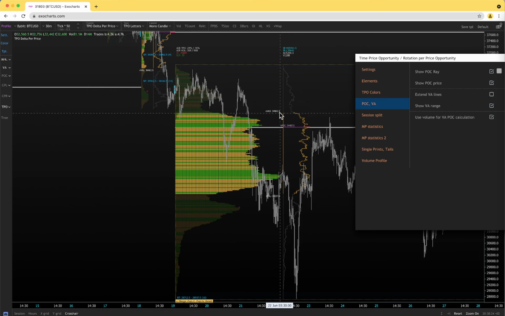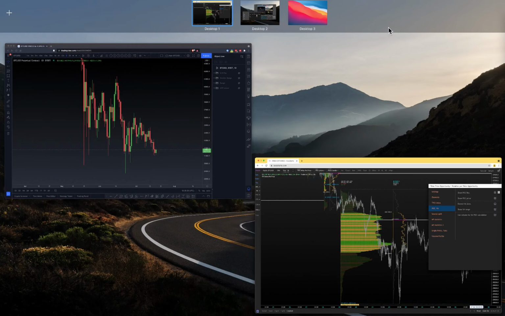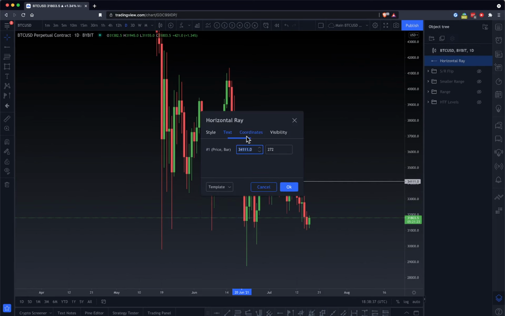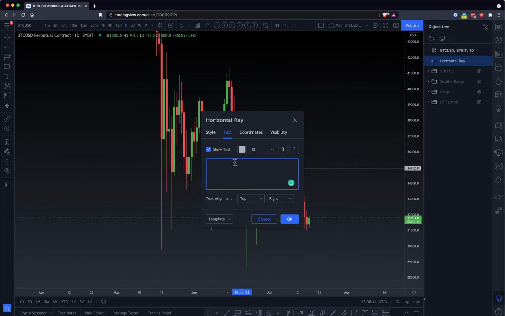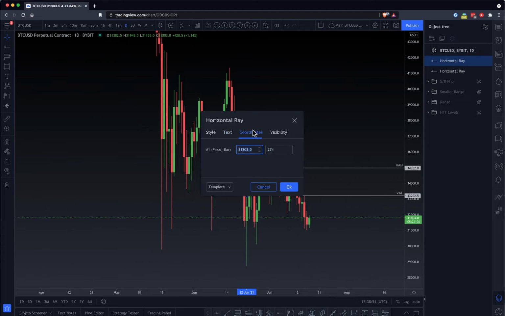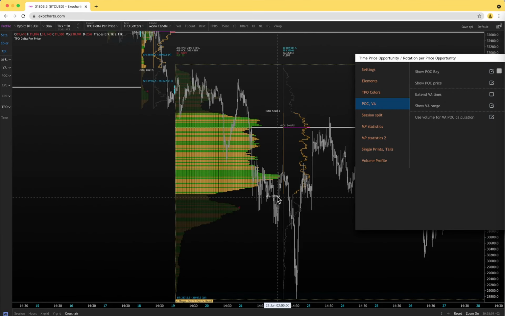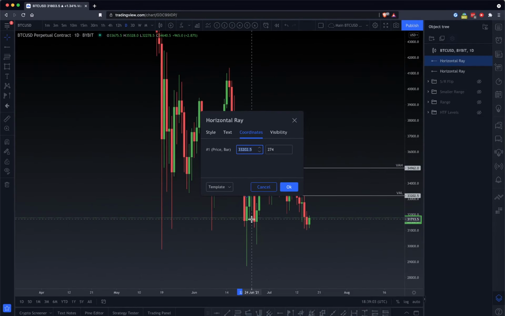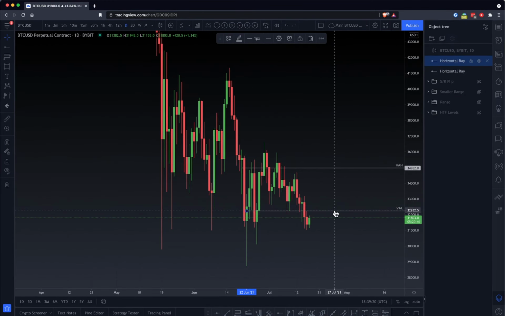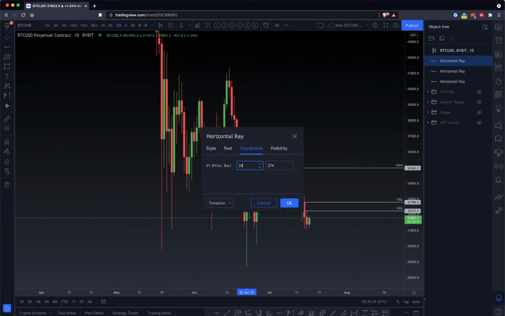So let's mark out this level. $32,237. 32,230. $34,407.